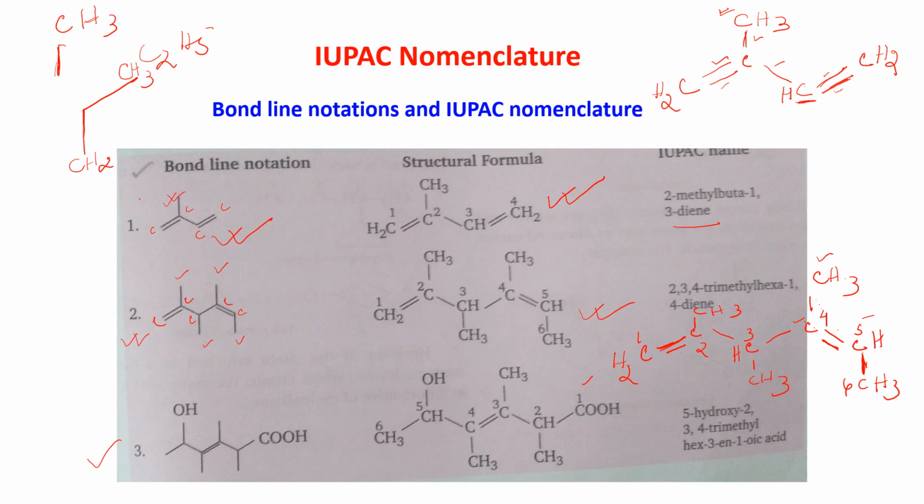And after writing all these things, just write the name: 5-hydroxy according to the alphabetical order. 5-hydroxy 2,3,4 trimethyl hex 3-ene, this is 3-ene, 1-oic acid. Okay, so please try to solve this once again in your notebook, and then only we'll be able to understand.